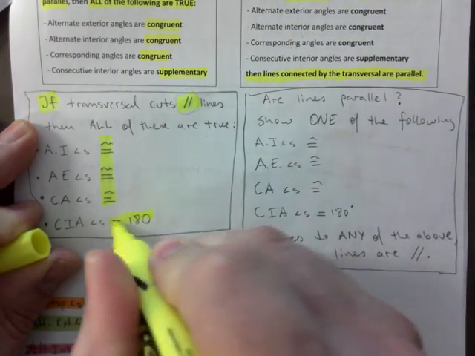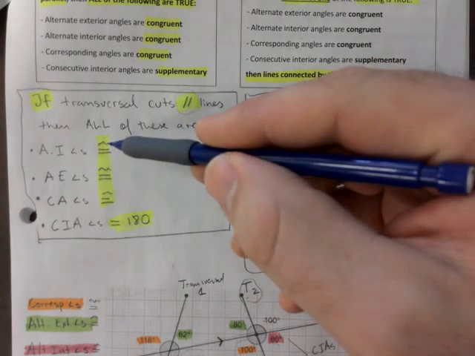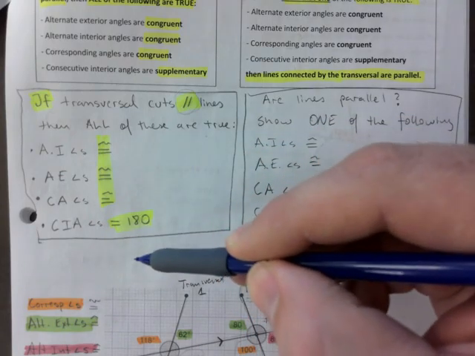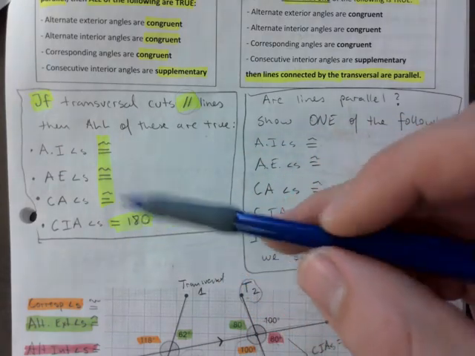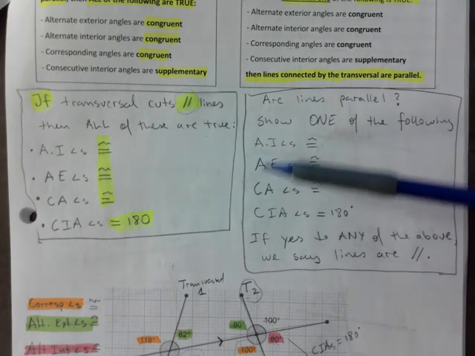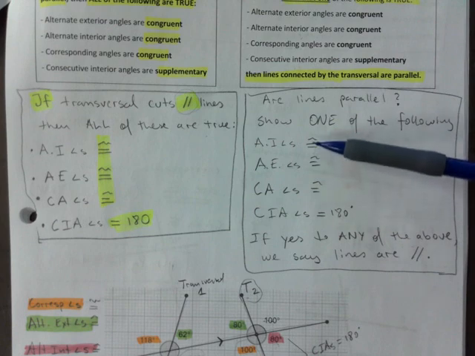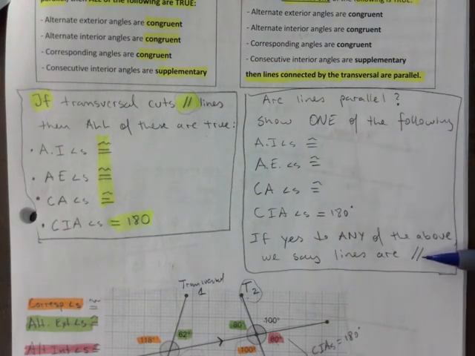That's the key there. If lines are parallel, all of these are true. Therefore, if we go backwards the other way, if you can show that one of these applies, you need to only show one, then you can conclude that lines are parallel.